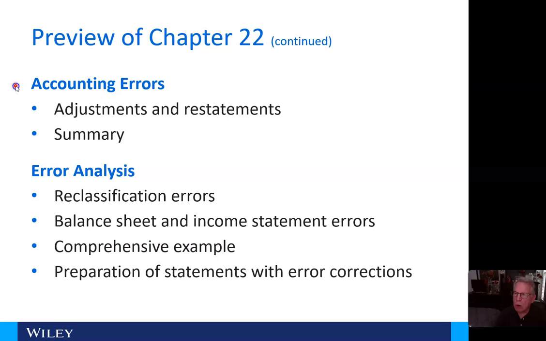For accounting errors, we have 1. Adjustments and restatements, and 2. A summary. And for error analysis, we'll take a look at reclassification of errors, balance sheet and income statement errors, a comprehensive example, and preparation of statements with error corrections.